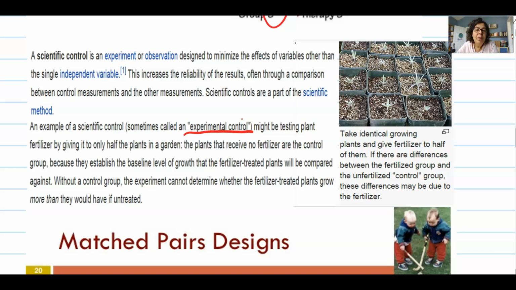We don't know what could be the hidden effects under those groups, so we put them in random, like in this fertilizer case, random boxes, and then we make a comparison between the control measurements and the other measurements. So we did not create those boxes according to any specification that we can foresee.